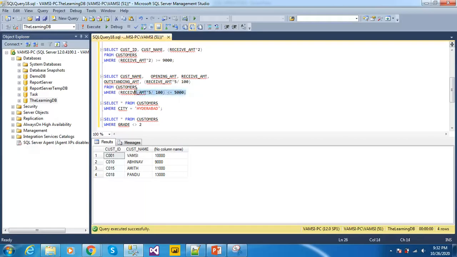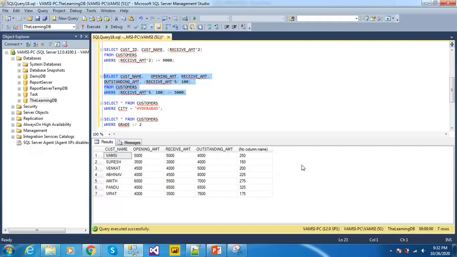Let us execute this query and see the output. I have got a total of 7 rows where the receive amount, multiplied by 5 and divided by 100, is less than or equal to 500. This is the output of the condition here.